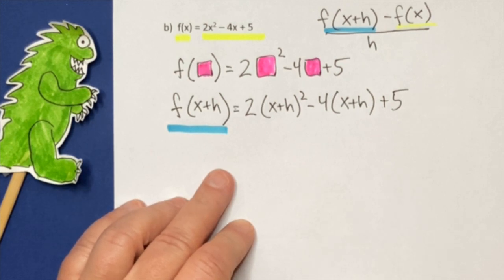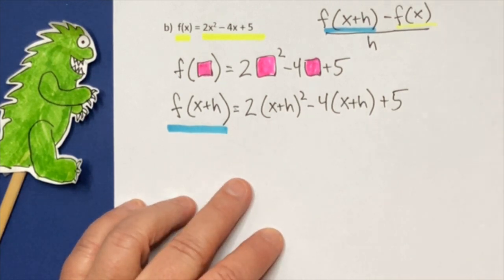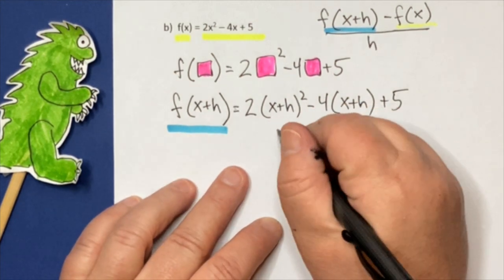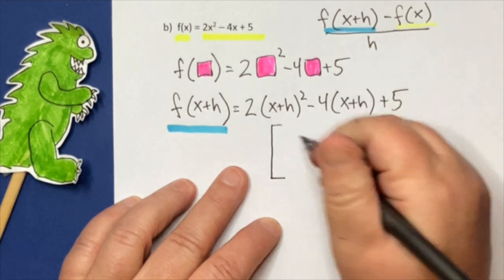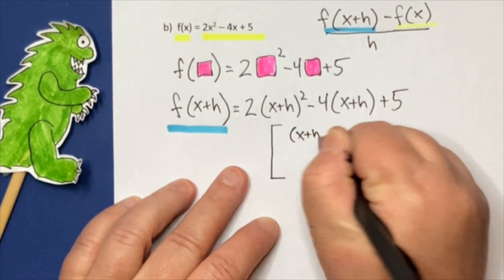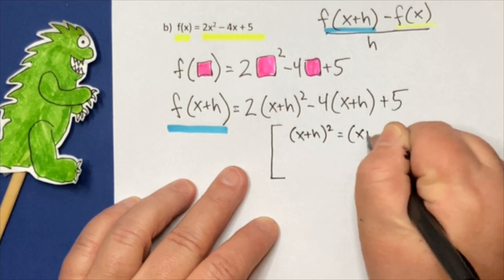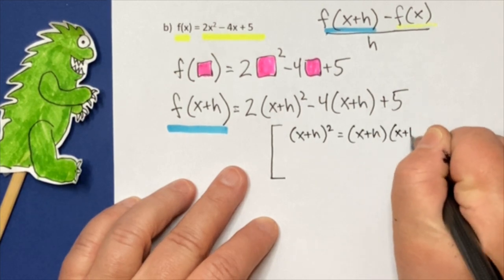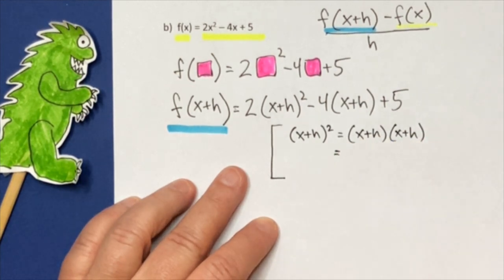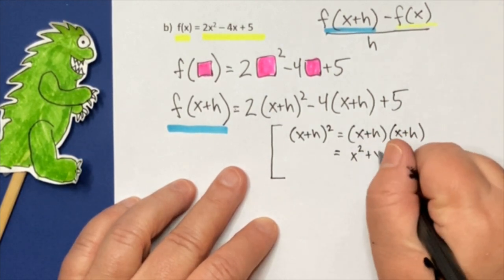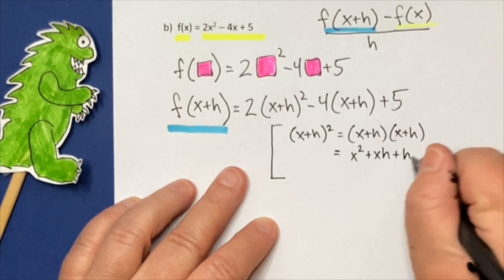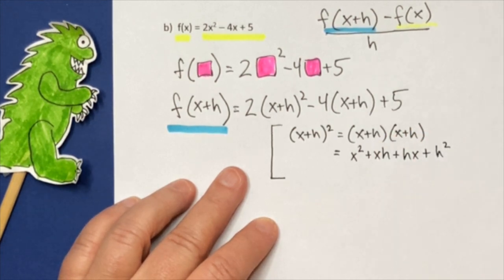Now, you need to use FOIL. You may need to use the formula for a perfect square. So I'm going to do a little inside work, and I've got x plus h squared equals x plus h times x plus h. Okay, so that's going to be x squared first, plus outer xh, plus inner hx, plus h squared, right?